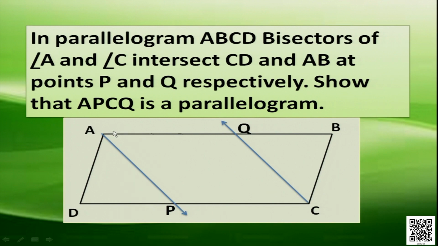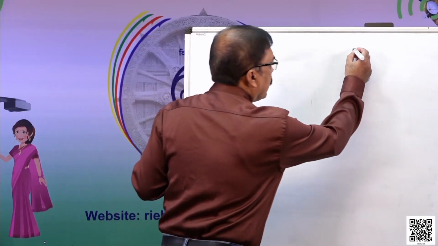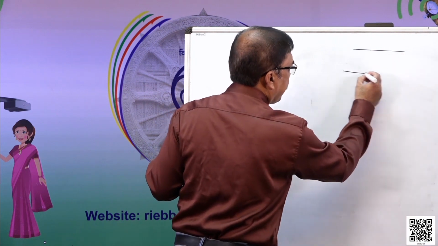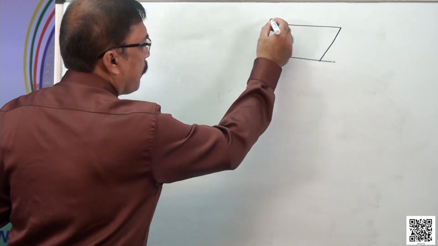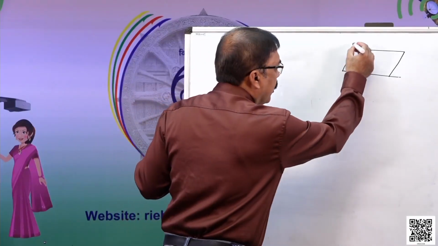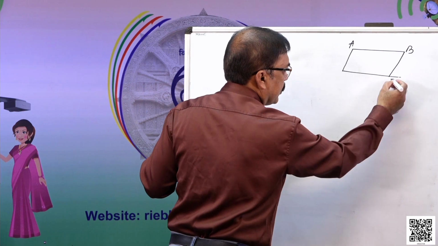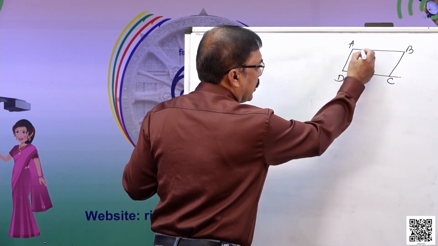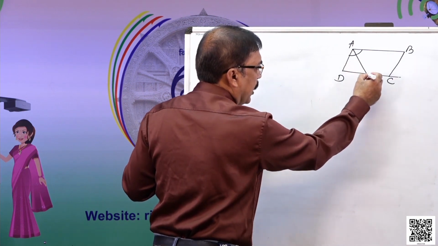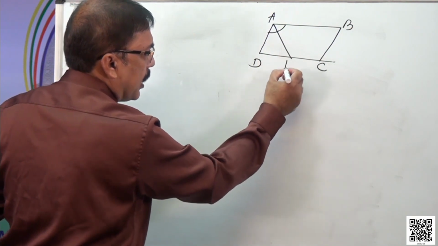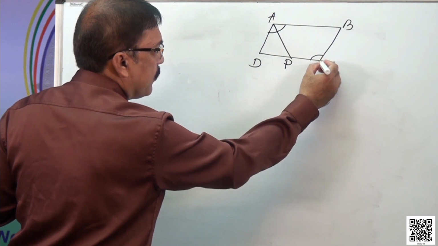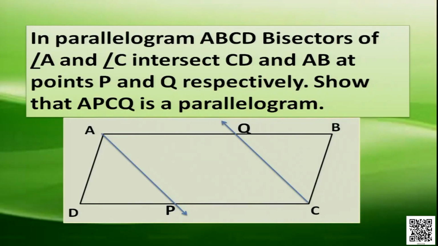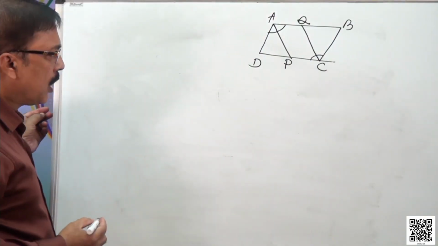So the parallelogram is like this. Here it is given ABCD. The bisector of angle A intersects CD at P, and the bisector of angle C intersects AB at Q. So this is given.